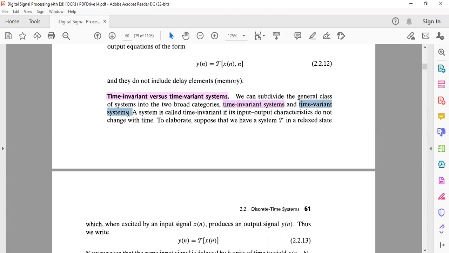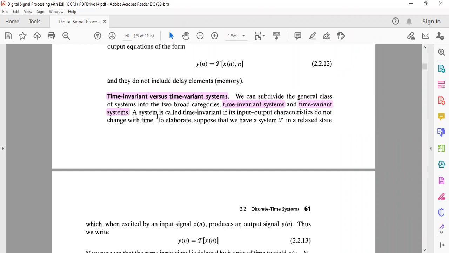We're saying that the system is called time invariant if its input-output characteristics do not change with time. If its input-output characteristics do not change with time, we say that the system is time invariant.